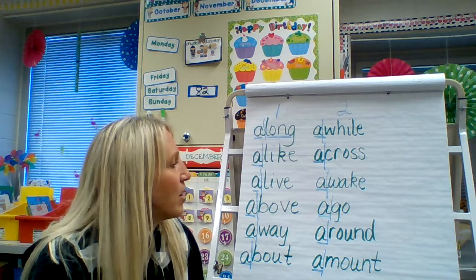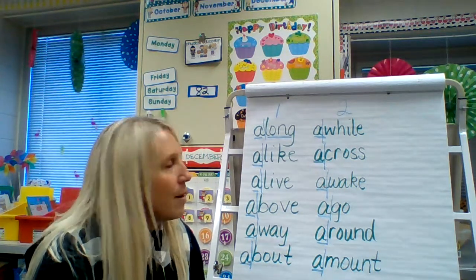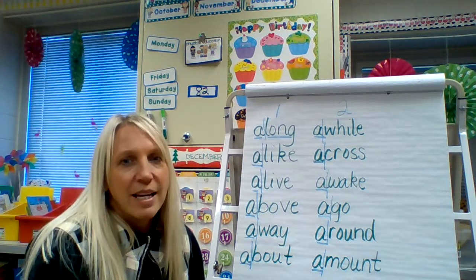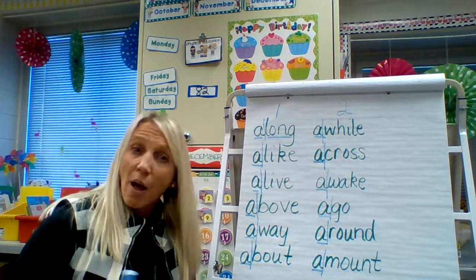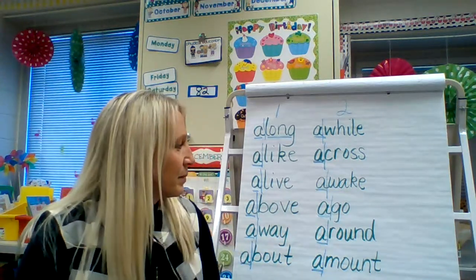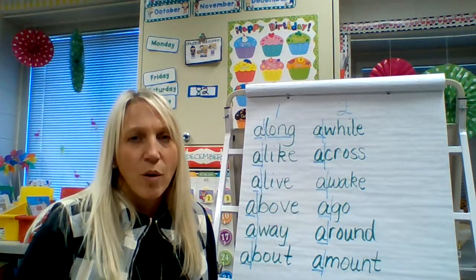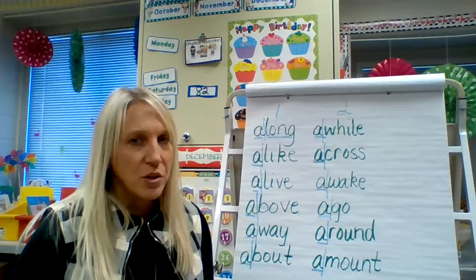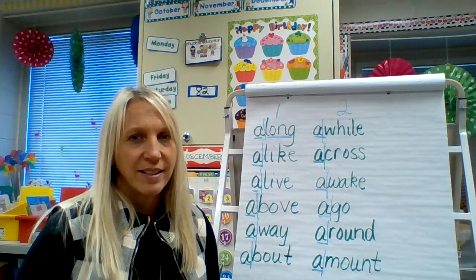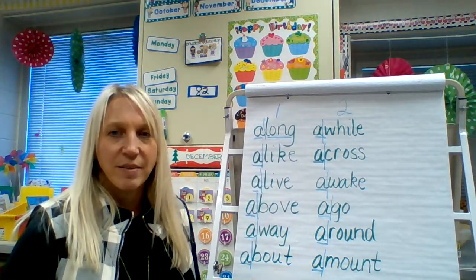So I'm going to start. These are kind of hard because we have so many that start the same. I'm looking for a word in column 2 that is an antonym, so the opposite of asleep. Awake. I'm looking for a word in column 2 that's a synonym for the word quantity. Amount.